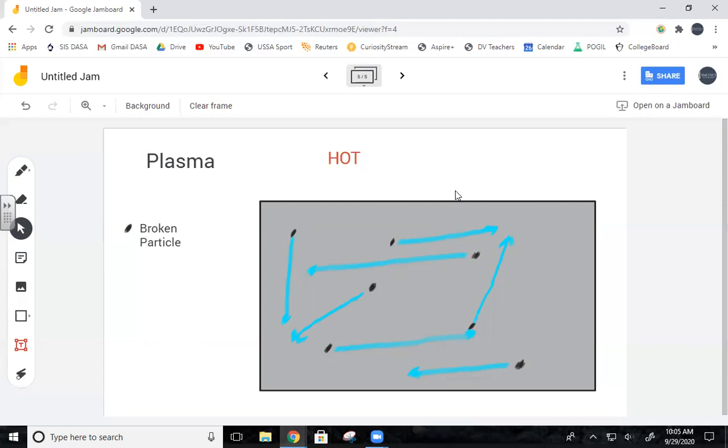In a plasma, the electrons and the neutrons and the protons come apart. They split away from each other. It gets so hot that especially the electrons get stripped off and they just fly around by themselves.